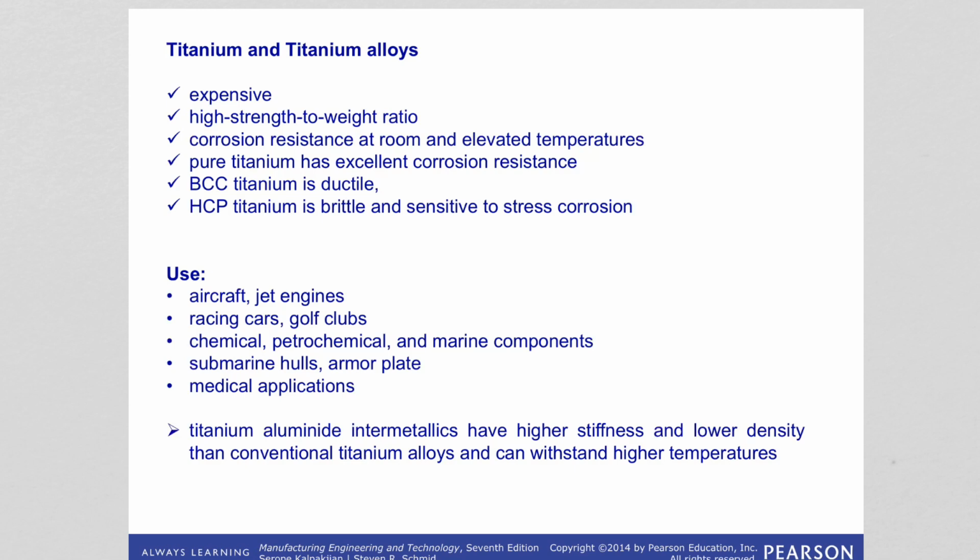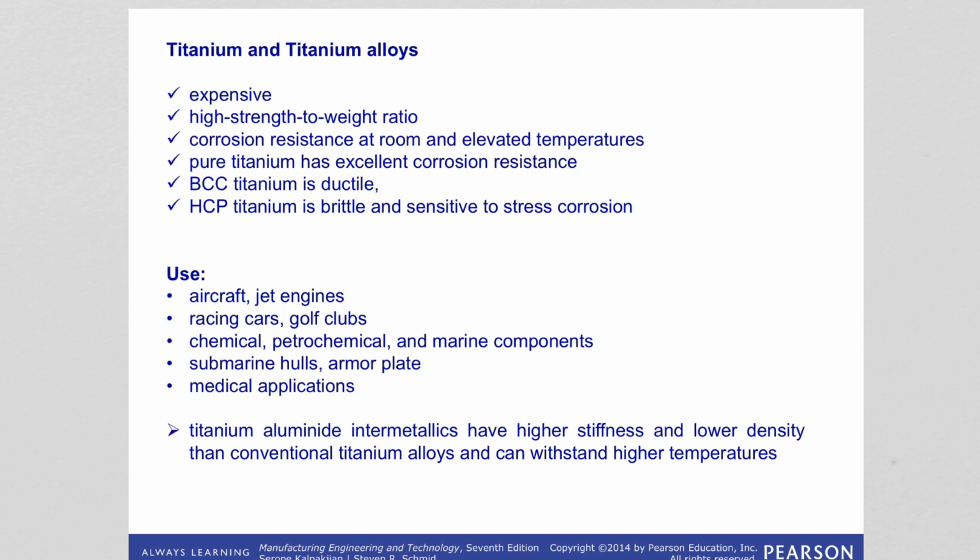So titanium and titanium alloys have a good high strength to weight ratio, but they are unfortunately expensive. They have good corrosion resistance at both room temperature and elevated temperatures.